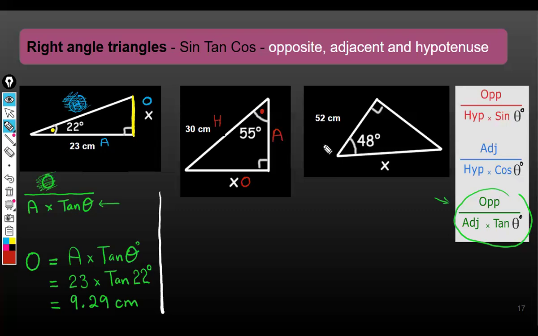Tell me who is useless in this question. Is it the H, the O, or the A? One person has to be useless between the H, the O, and the A. It's definitely the A, because they want us to find the opposite side. That's why the examiner put a big X here, right?